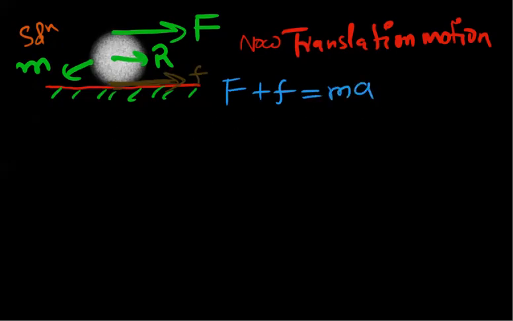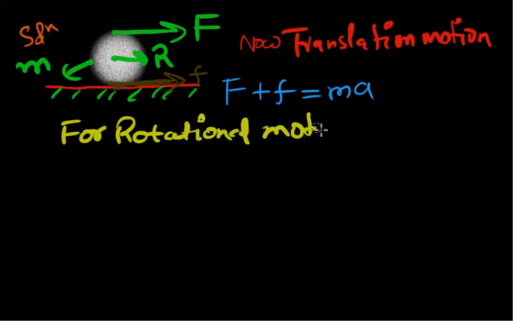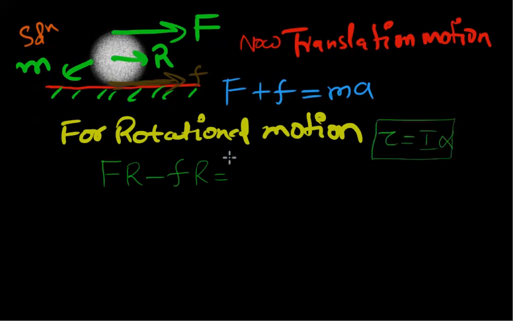And for rotational motion, the equation will be F into capital R minus small f into capital R, which is the torque, equals, what is the rotation equation? We know the rotation equation is torque equals I alpha, that is, moment of inertia into angular acceleration alpha.